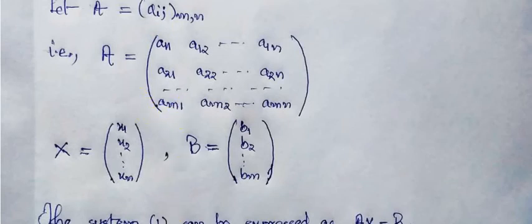Okay. Here I have written this X matrix. X is a column matrix formed by the unknown variables.